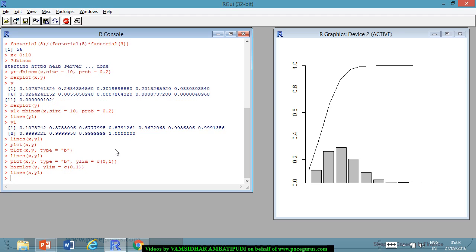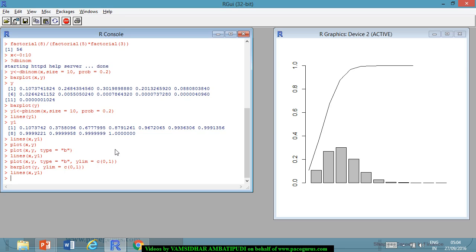Now this is how I can very well generate the bar plot of each of the densities, and corresponding to that I can very well bring in the cumulative distribution function also associated with this, right?